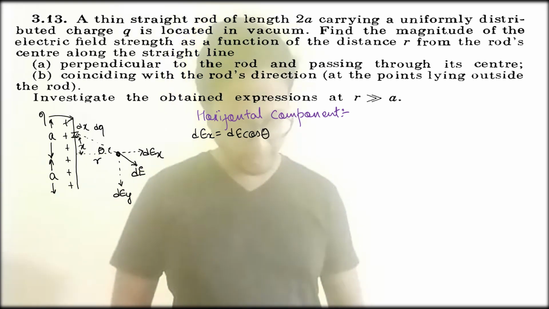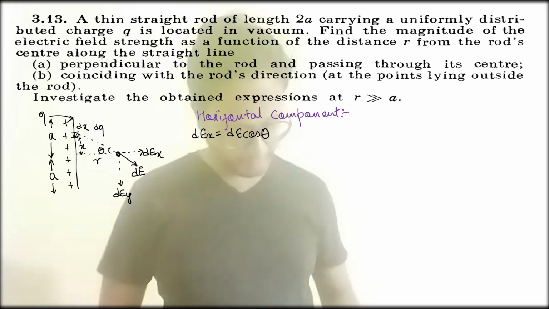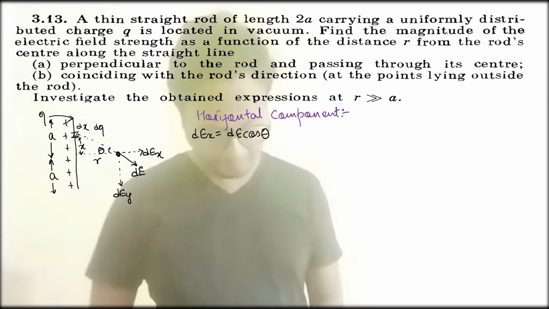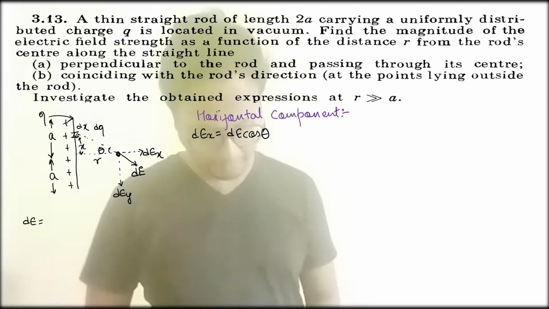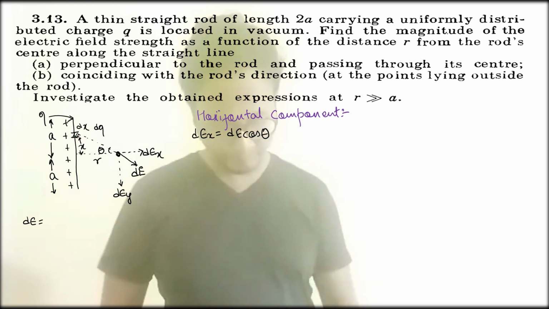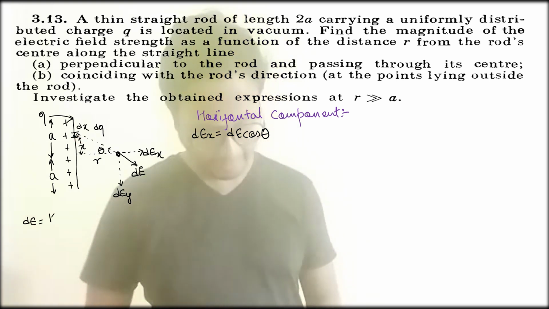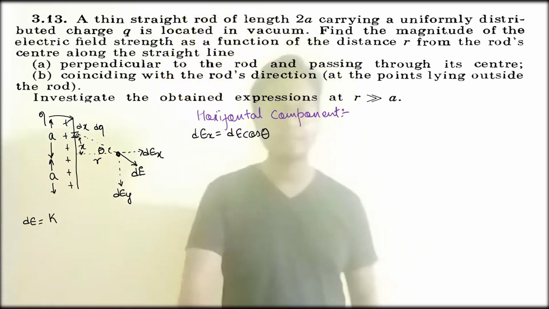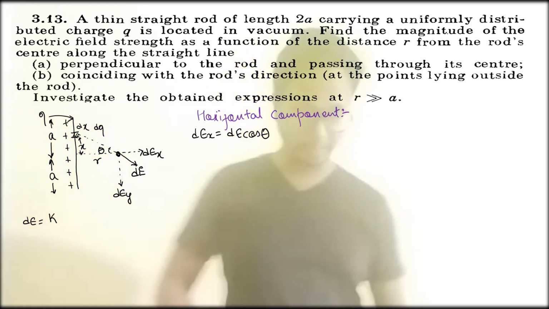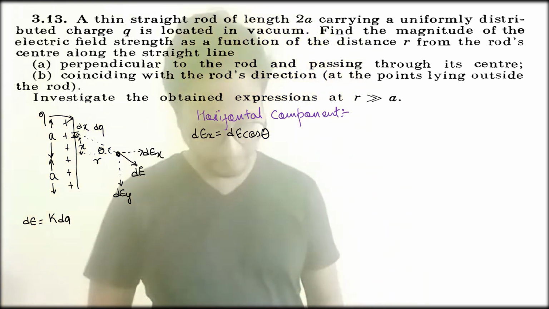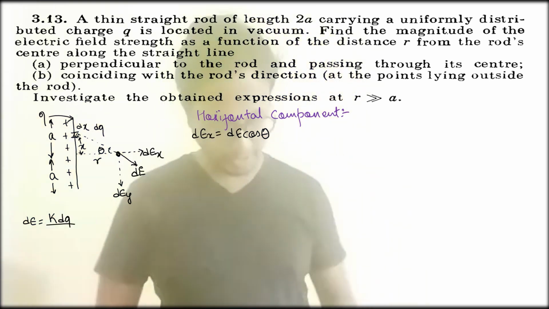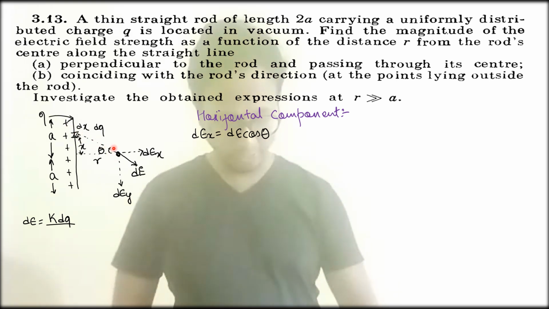Now what is the value of this dE? dE is nothing but k dq, where k is 1 by 4 pi epsilon naught, the constant of electrostatics, divided by r square, where r is the distance between these 2 points.